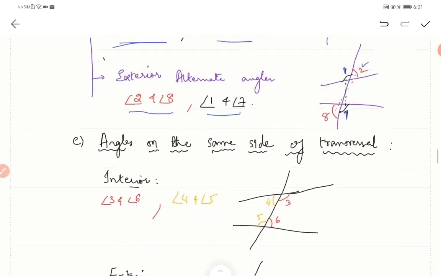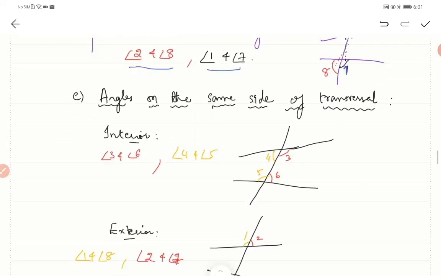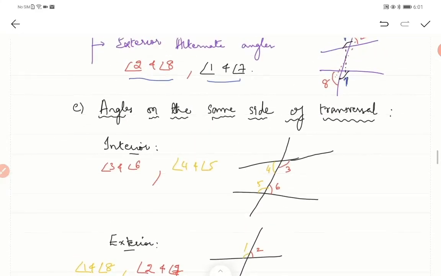One more type of angles you can find is angles on the same side of the transversal, okay. So this is your transversal and two lines. These two are on the same side, these are external, and these two internal angles are on the same side of the transversal, on the left side.